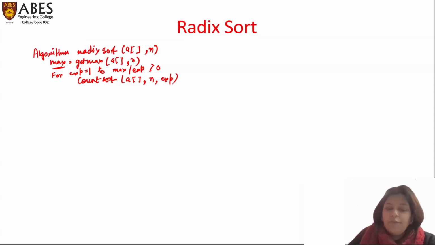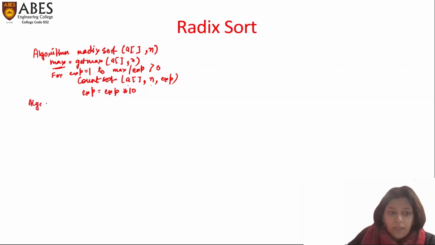Because there also we have to sort the values based upon the place value, right? So there in the counting sort, we will be needing the array n and exponent, and for every iteration, we have to multiply this exponent by 10, so that for the first time this value is 1. The next time this value must become 10, because now we have to fetch the digits that are placed at the tens place, and then it should become 100 in order to fetch the digits which are placed at the hundreds place.